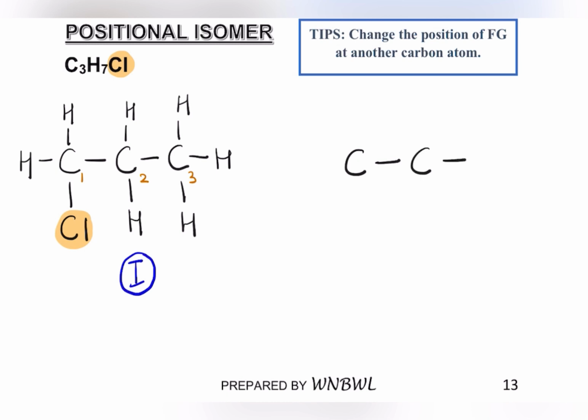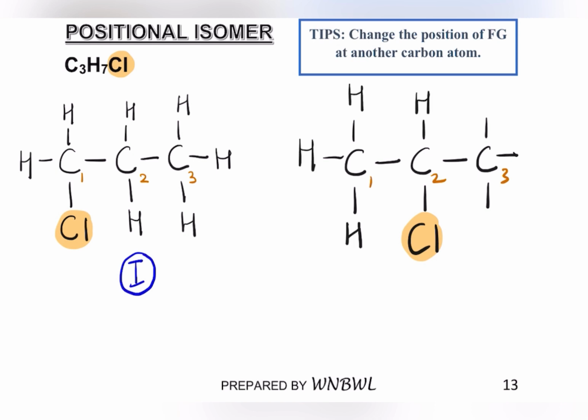Draw the 3 carbon chain, and after that each of the carbons has 4 covalent bonds, and carbon number 2 here will have the Cl group attached to it right now. So this is going to be my halogen. What's next? The rest of the bonds will be attached to hydrogen.